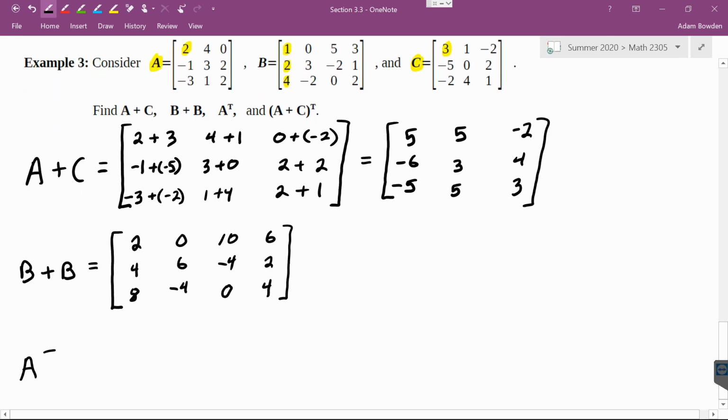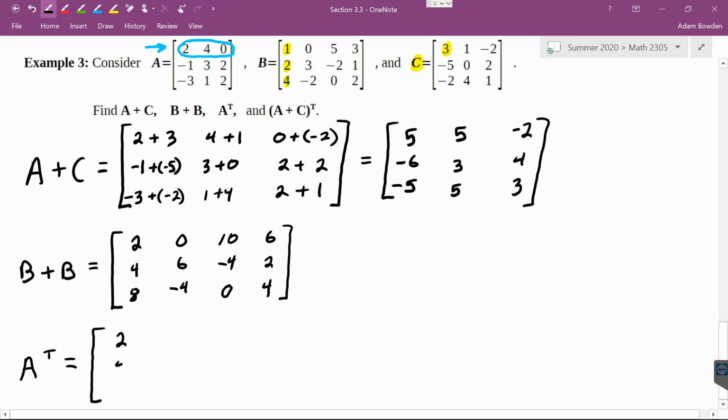Now, to do A transpose, what I'll do with the matrix A is take a row and flip it around and make it into the first column of the transpose matrix. For A, the first row is 2, 4, 0. That becomes the first column of the transpose.